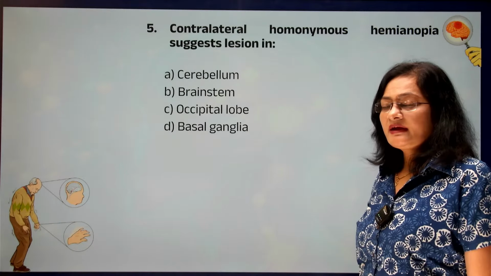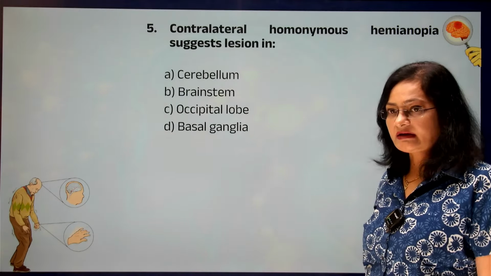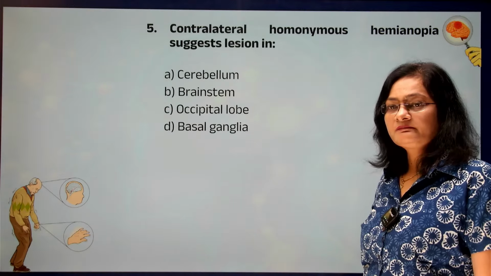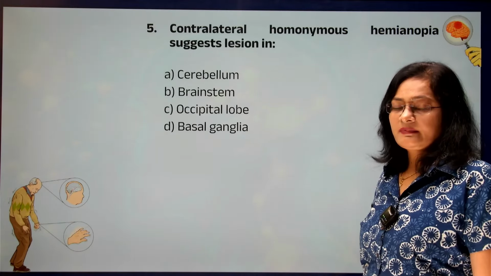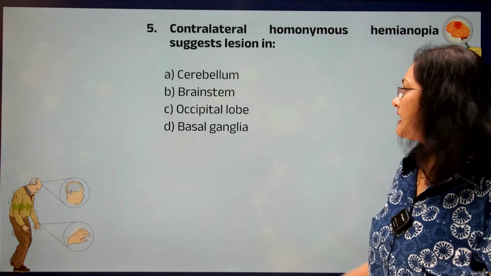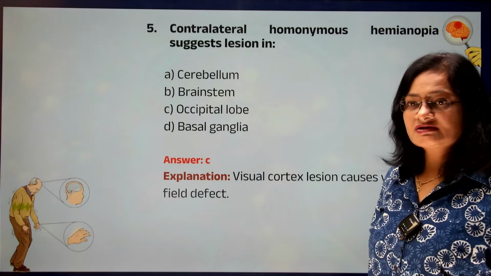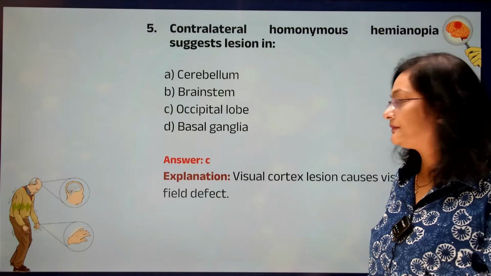The cerebellum does not have any visual area. The brainstem is a connecting part. The occipital lobe has the visual area. And the basal ganglia are part of the extrapyramidal system. So the answer will be option C. Whenever there is affection of the occipital lobe, it will result in homonymous hemianopia.